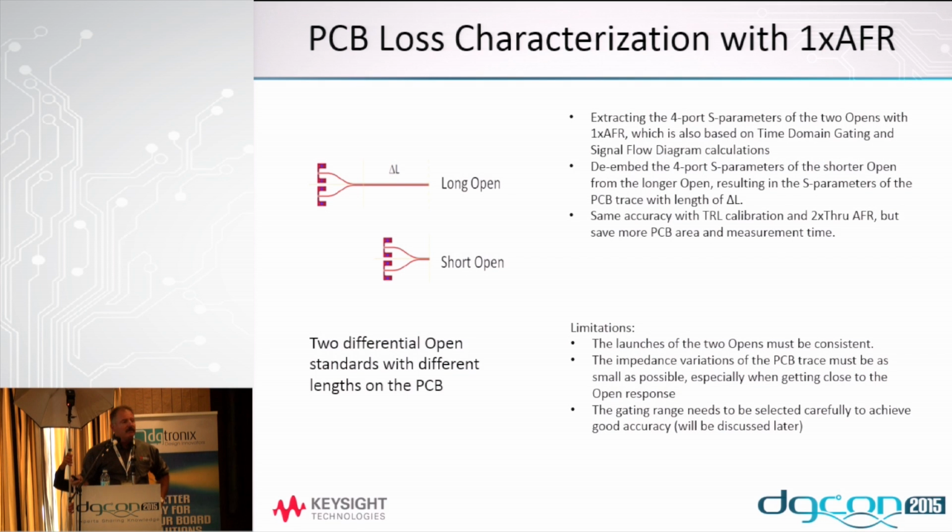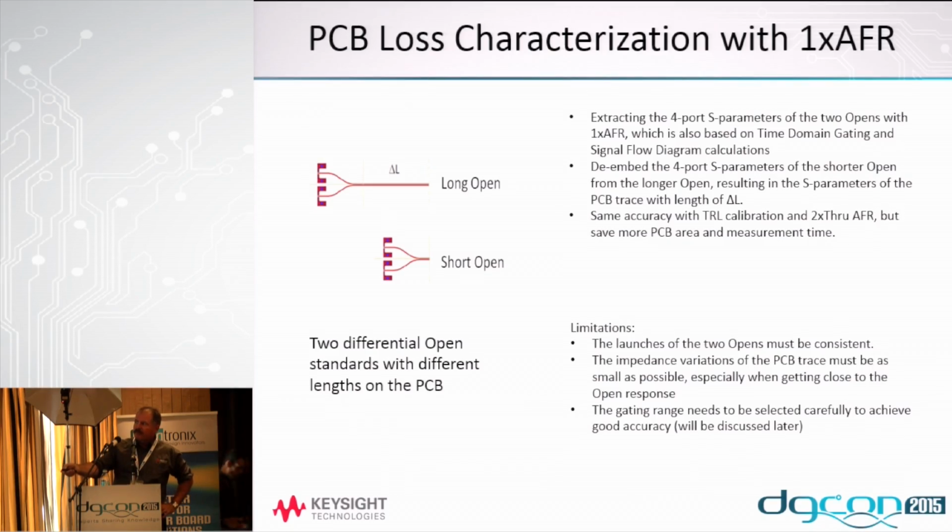second generation AFR is probably something that's come around in the last year and a half, maybe 2 years. And the concept here is that I don't need to build a 2x through, but I can use a 1x structure as a calibration point.